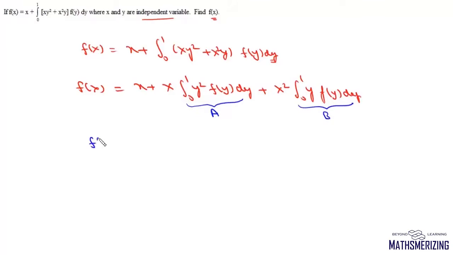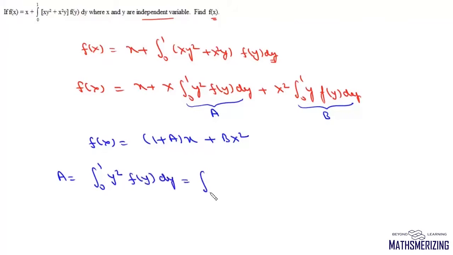So we can write this function f(x) as 1 plus ax plus bx². Now we need to find the value of a and b. Now we know that a is this integral from 0 to 1 of y² f(y) dy. So we can write this as the integral from 0 to 1 of y².